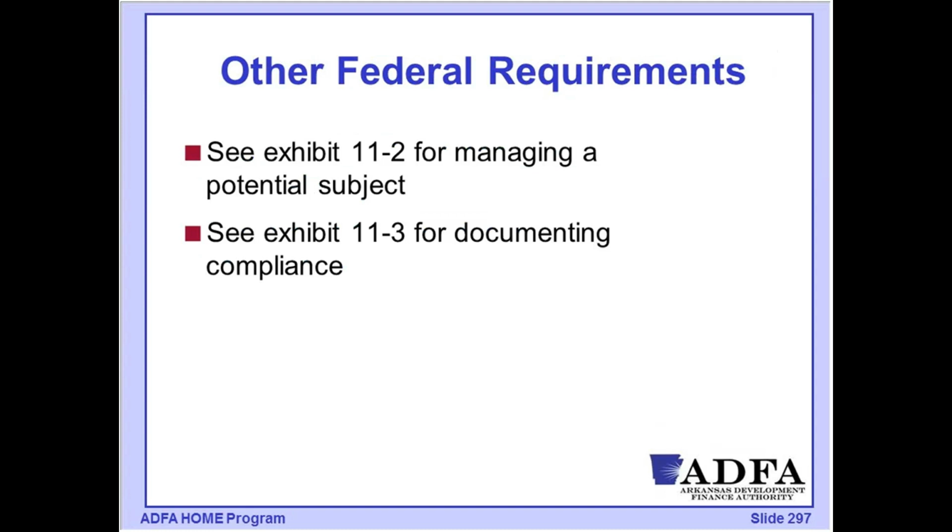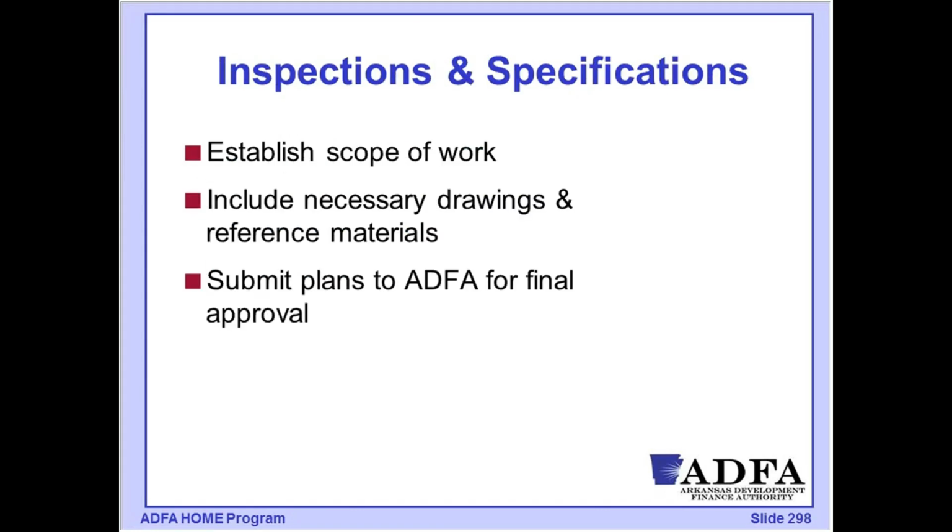So if you look at an exhibit in chapter 11-2, there's some good information about thinking about all those other federal requirements, the timing on those, and the potential impact. And then 11-3 provides some documentation and helps you think through what kind of documentation you're going to need to have in place to show that you're in compliance with those other federal requirements.